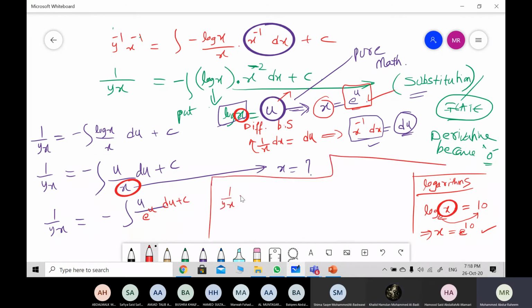One over yx u, this will go up anyway. Now e power plus u will become what? e power minus u. Now this is good for substitution.